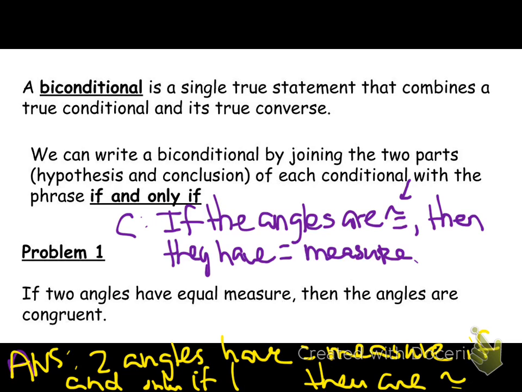Since the statement and the converse are true, we combine the hypothesis and the conclusion with if and only if. Two angles have equal measure if and only if they are congruent.